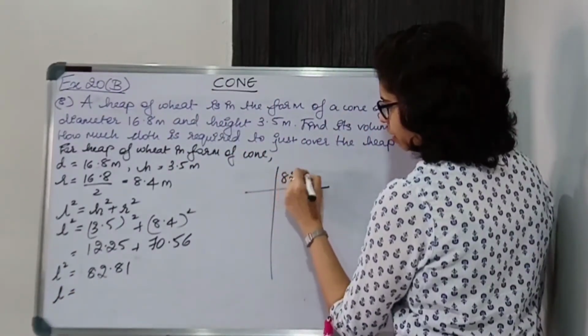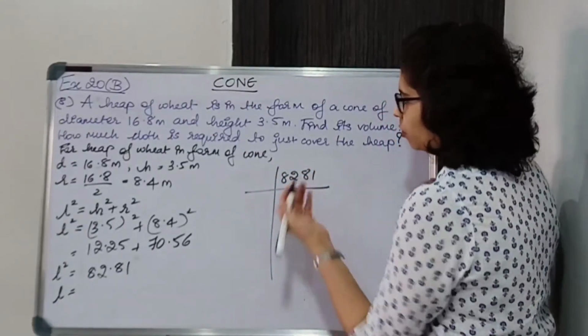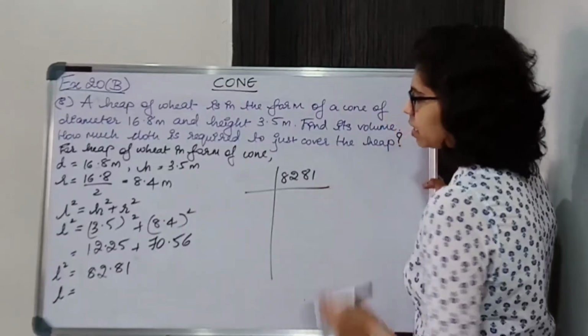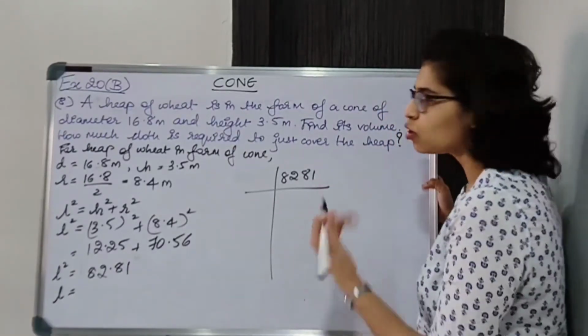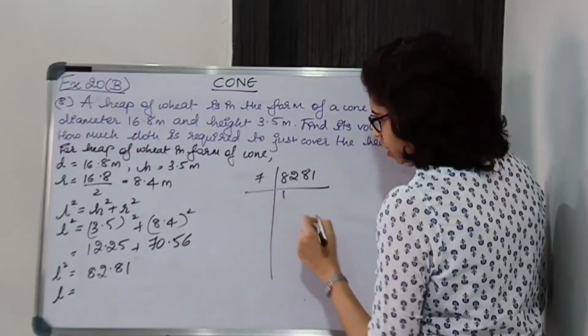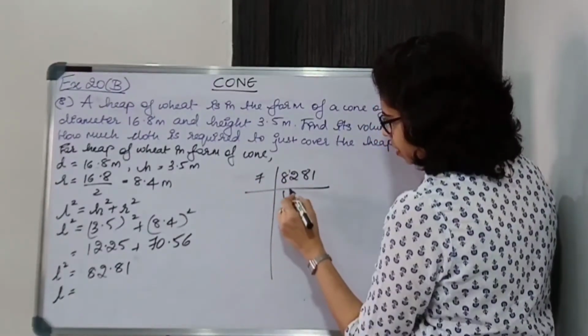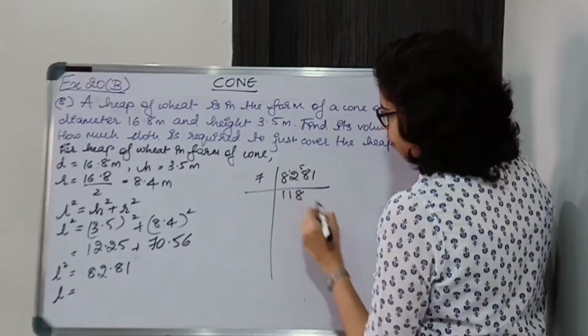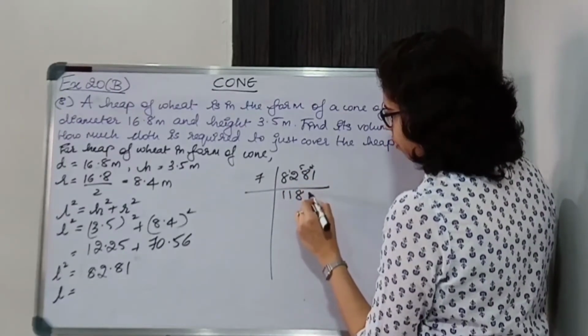Factorizing 8281. Obviously it is not divisible by 2. 8 plus 2 is 10. 10 plus 9 हो जाएगा 19. It is not divisible by 3 also. So let's check 7. 7 8s are 56 and 21. 7 3s are 21.